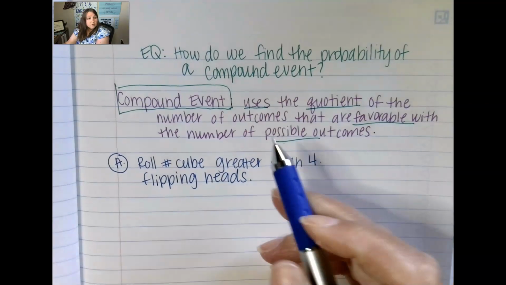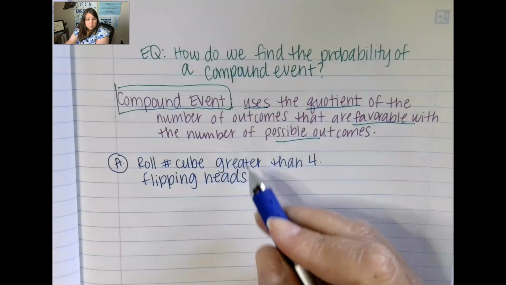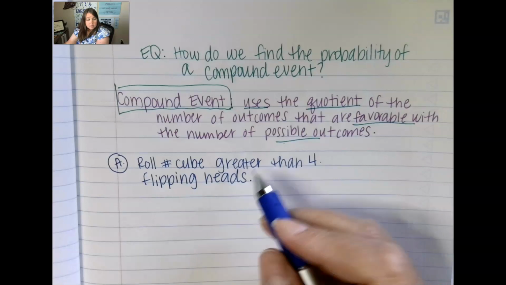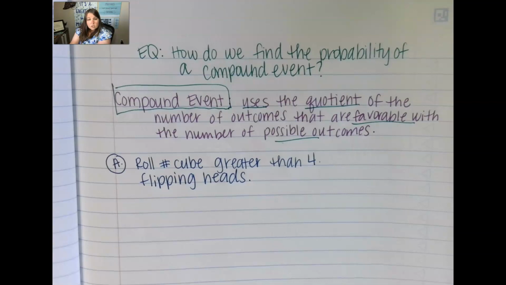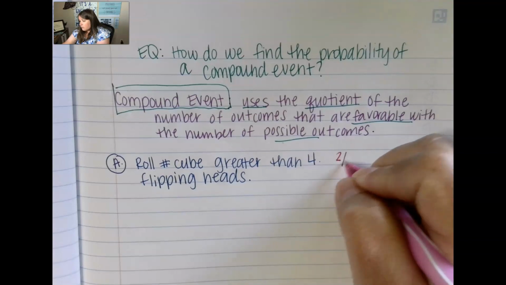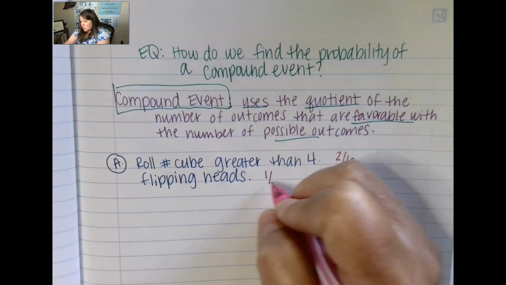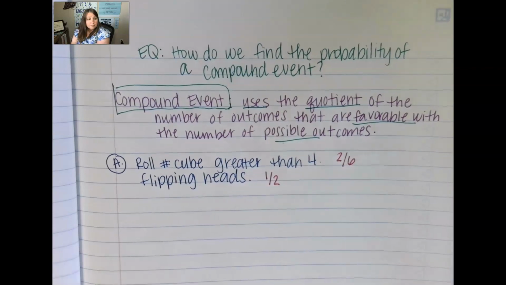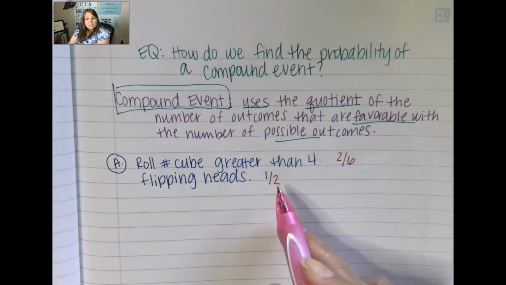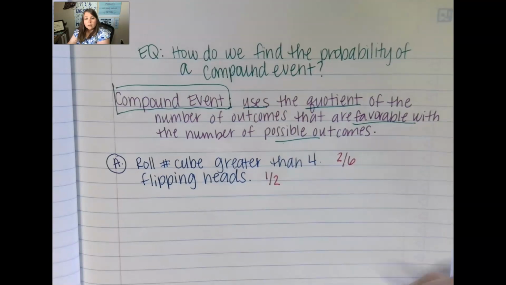So again, we have 2 events. In your events, you have 2 things happening, right? We could have here an event of 2 out of 6, and here flipping heads is just 1 out of 2, right? But you had 12 total events that could have happened.